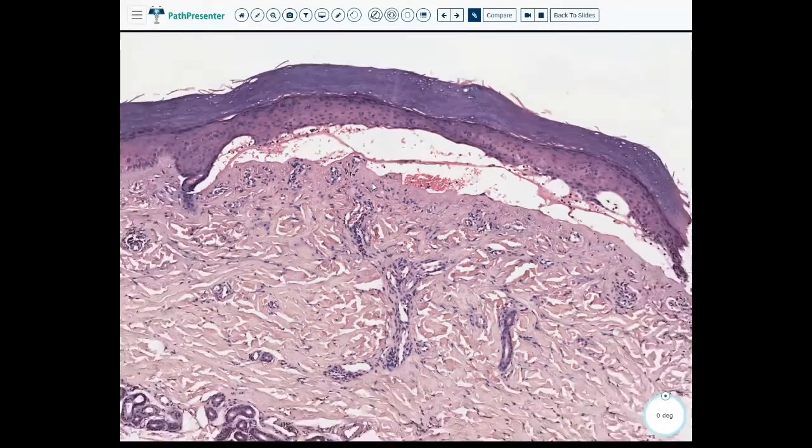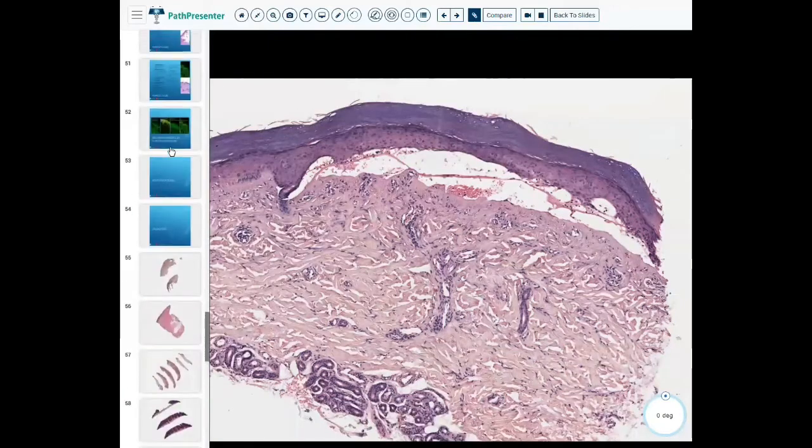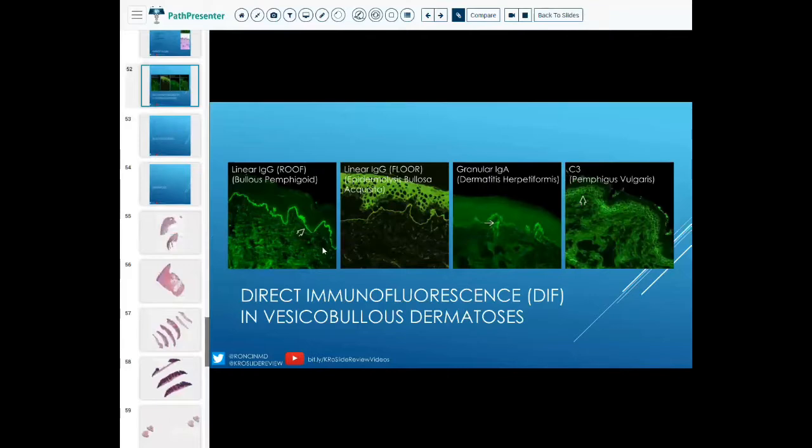So that's your 18 cases. Let's go back to that slide where we talked about bullous pemphigoid having the roof for the IgG, whereas your epidermolysis bullosa acquisita, this would be the area where we had those very few red cells, very few inflammatory cells. So EBA, and then we did see our dermatitis herpetiformis.